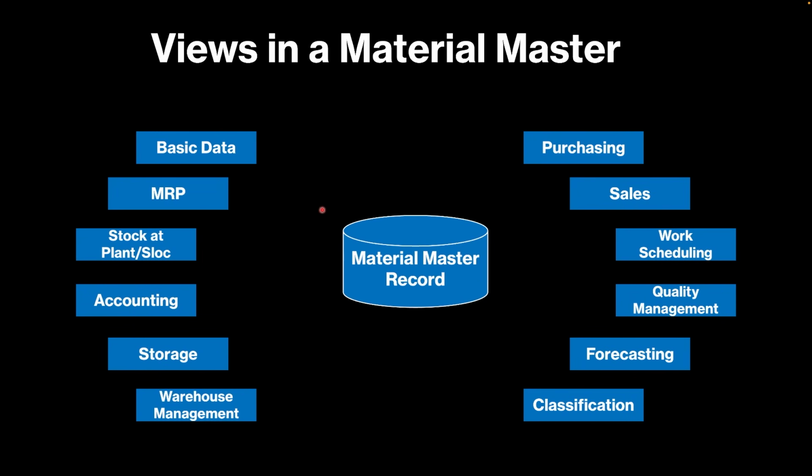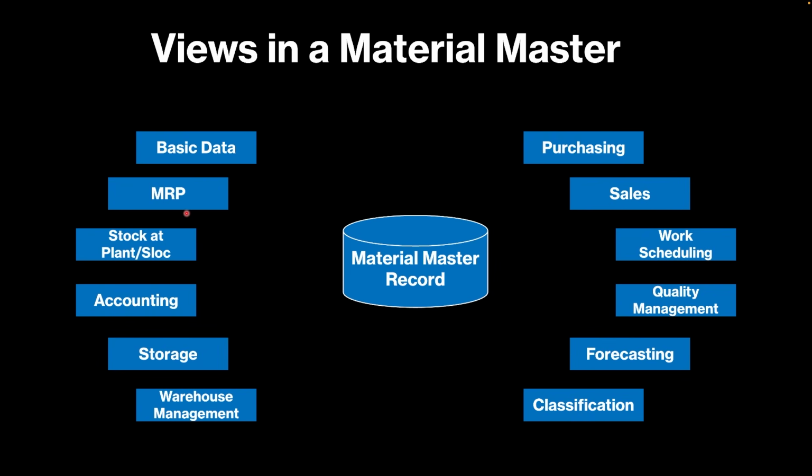So you can see here a material master record will contain the basic data. That is the data which will be used across the organization. That is, every module will use this basic data. Then you have purchasing data which will be used by the purchasing department. Then sales data will be used by the sales department. The work scheduling will be used by the production planning department. Then quality management, forecasting, classification.